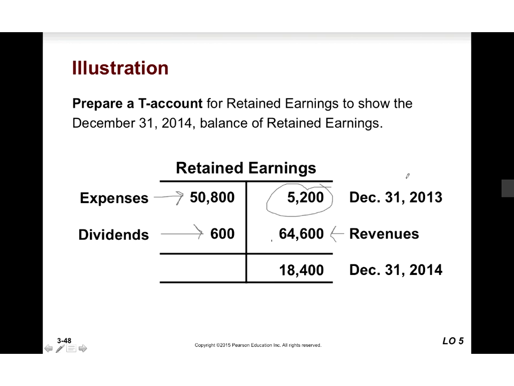So we add our debits up, we add our credits up. The difference between the two is $18,400, and that would be a credit balance because the credits are larger. Okay, so that's in a nutshell our closing entry.